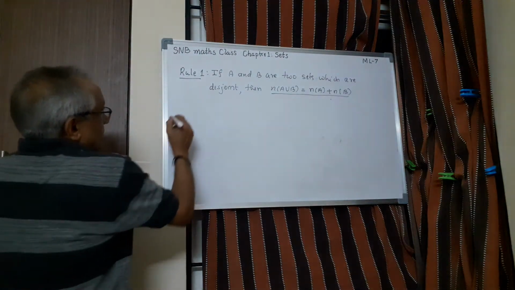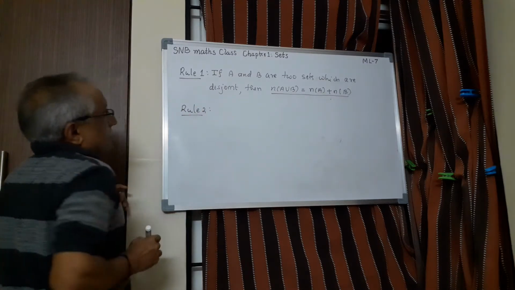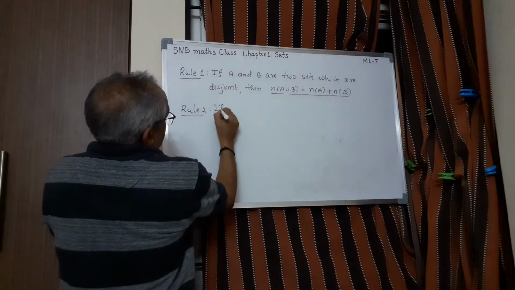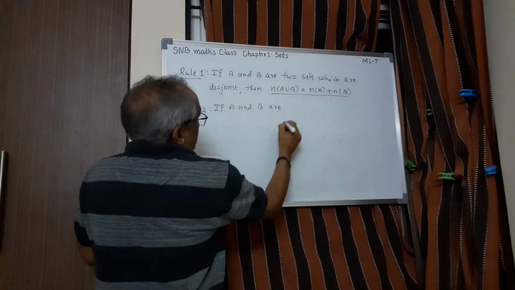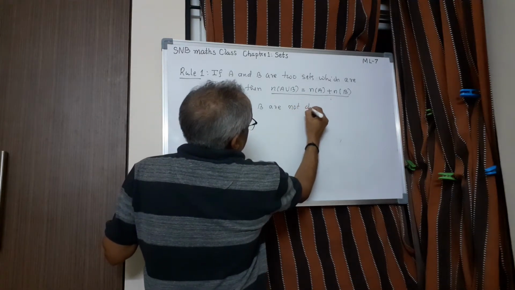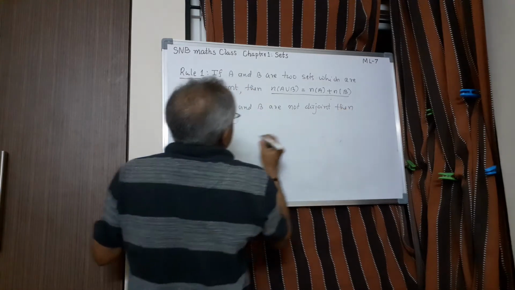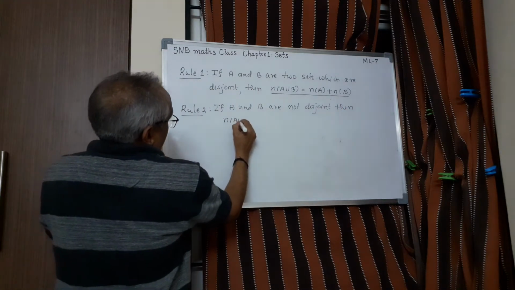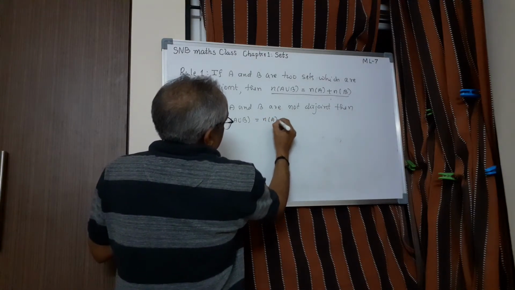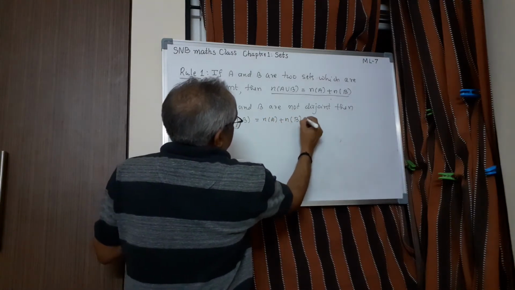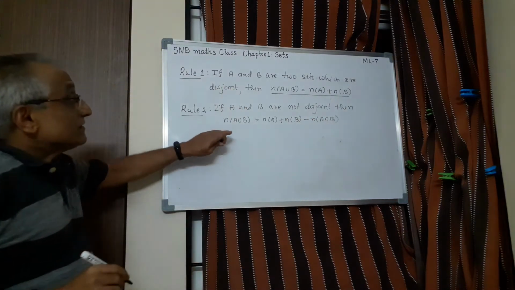Now the second rule, I will take it as rule 2. If A and B are not disjoint, then number of A union B equals number of A plus number of B minus number of A intersection B. This we will prove now.